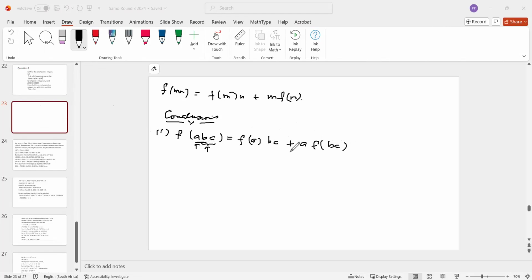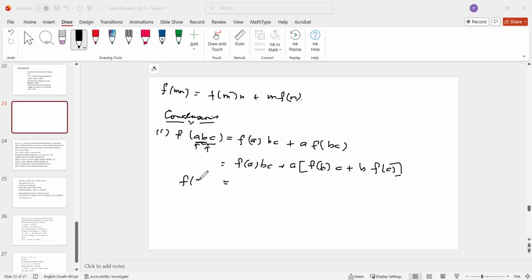Now, this one here we already have a rule for, because this is f(A) times BC, and this is A times, and f(BC) is f(B) times C plus B times f(C). Right? This is the rule that was given to us. f(mn) is m times f(n) plus n times f(m). So, if you expand this, you get this.